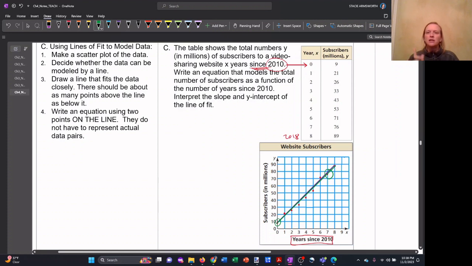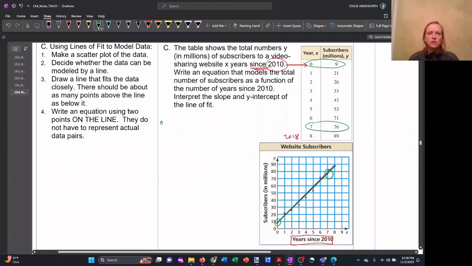That being said, it is easier if your trend line goes through two of the points. So I've picked this point here and this point here, because then I know the exact coordinates and I'm less likely to make a mistake reading the graph. So if I have 2 points on the line, I can calculate the slope between them.